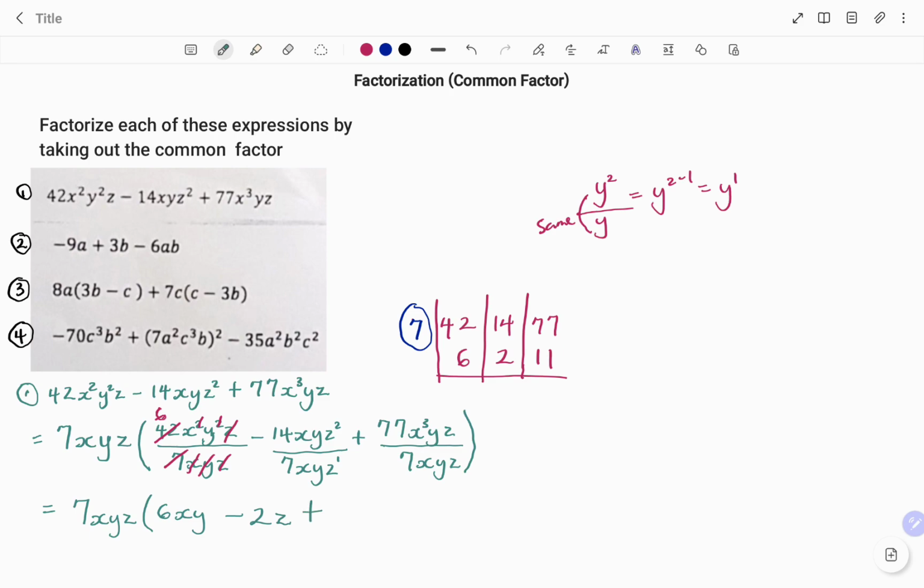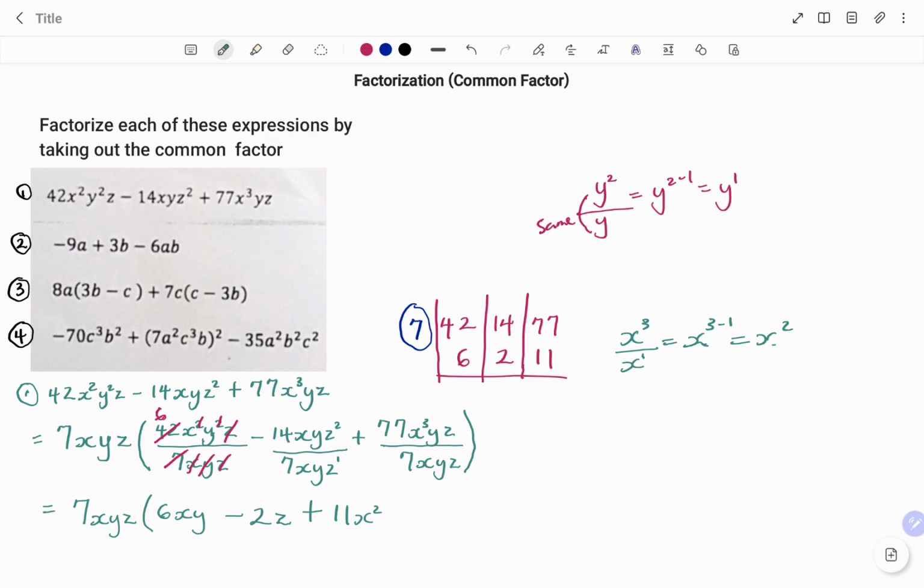Plus the last term, 77 divided by 7, that's 11. X cubed divided by x, that will be x to the power of 3 minus 1. There's an invisible 1 here. We're left with x squared. So I have x squared. Y divided by y, that's 1. Z divided by z, that's 1.